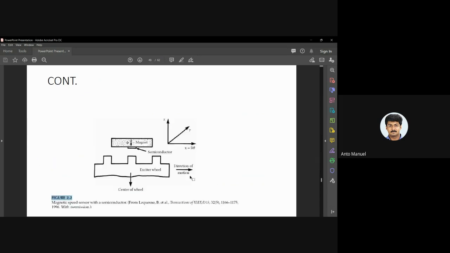Moving to the next slide, this is the common setup that we normally call a solid state sensor. We have a magnet here, the semiconductor stuck to the magnet, and obviously we require an exciter wheel.